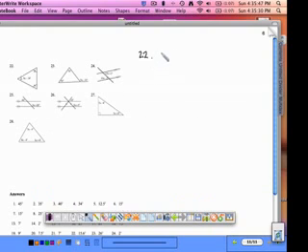Problem 22 is very similar to the previous problems. When you finish solving this one, you should get an answer of x is equal to 15.6 degrees.